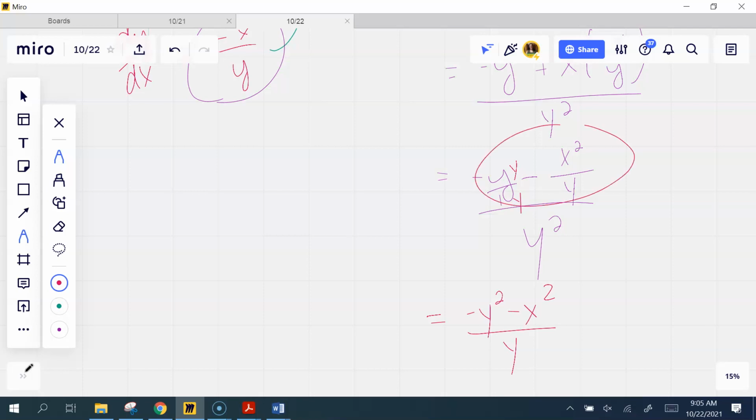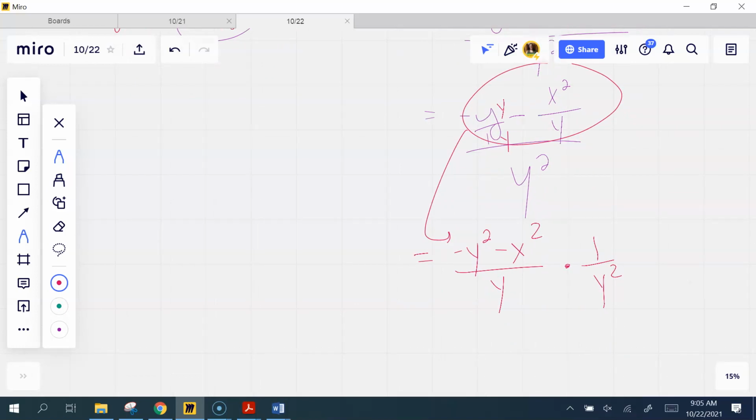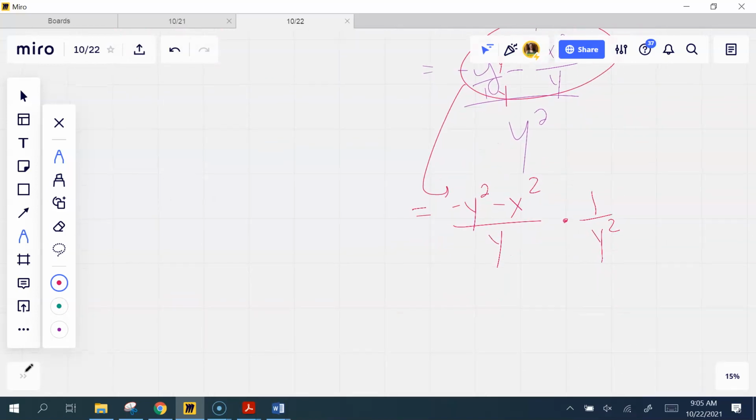That's the top, right? And since I've got a fraction and a fraction, I'm going to multiply this by 1 over y squared instead of writing it as a complex fraction, just because it's a little prettier. And so that would give me negative y squared minus x squared over y to the third.